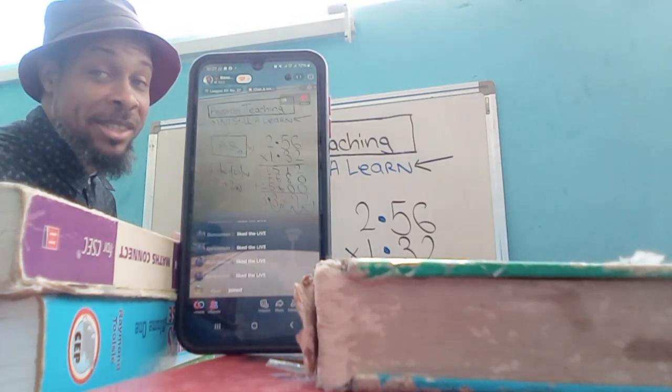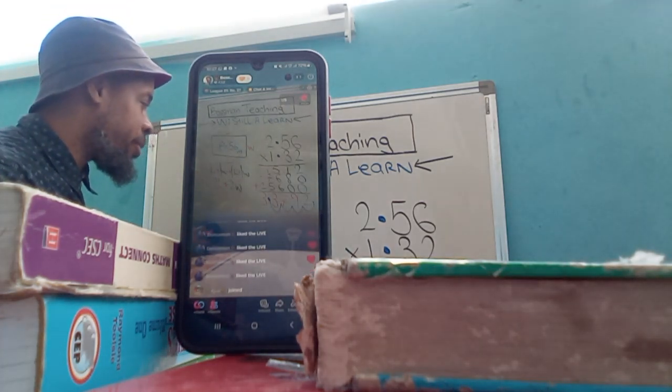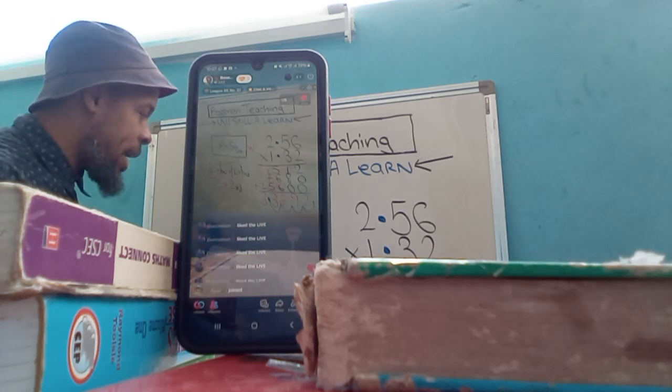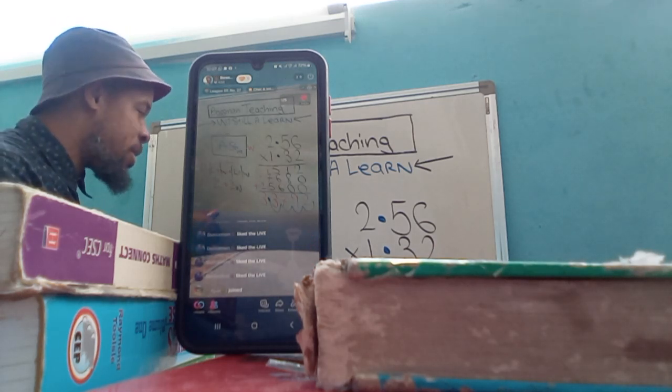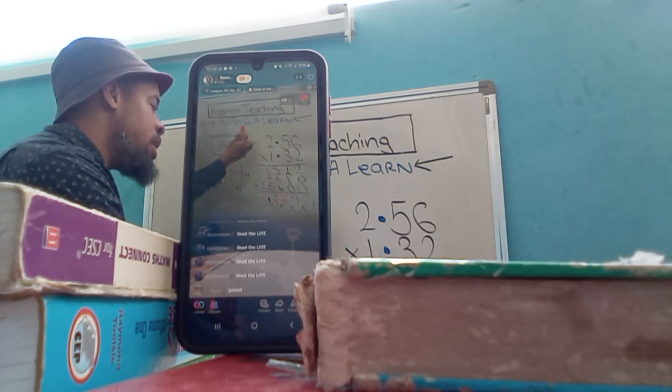Not unless they're trying to be CSEC, right? Yeah, you don't want that. So watch this now. Let's say they say the width is 13 meters.